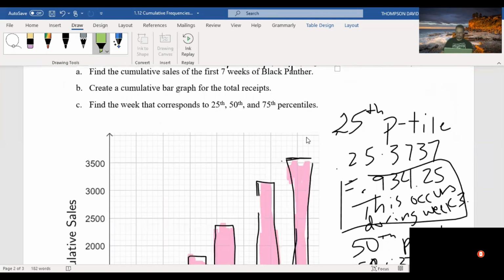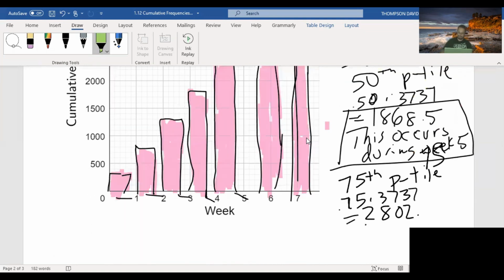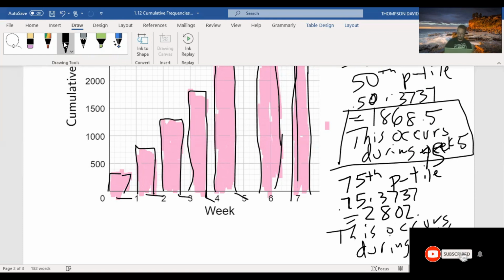So we're going to say this occurs during week 6. During week 6, and we are done with the box office movie question.